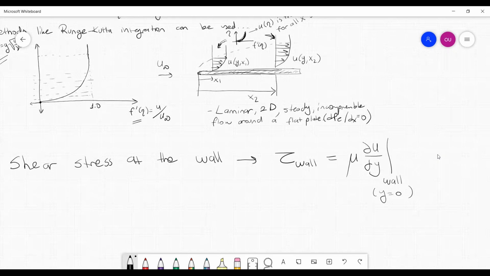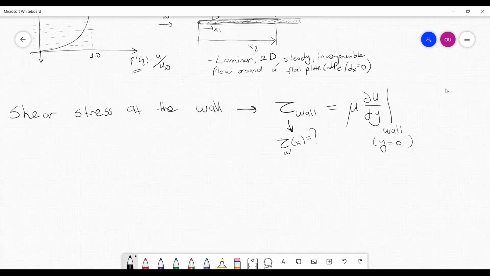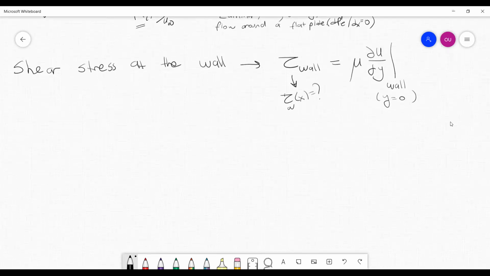That will be constant, but I can convert it to d dy variation along x. So basically, I can obtain the variation of tau wall with x, so that I can do many things. I can start integrating wall shear stress, and in fact go towards getting the drag coefficient in reality.